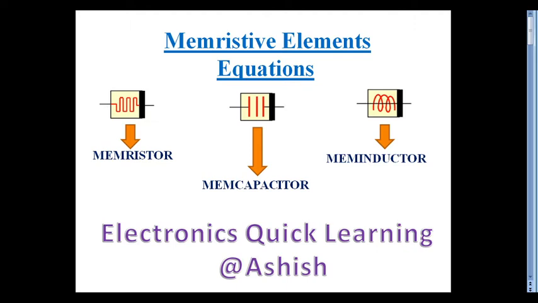So by viewing the element equation, we can know the basic features and properties of that particular memory element, like memristor, memcapacitor and meminductor.